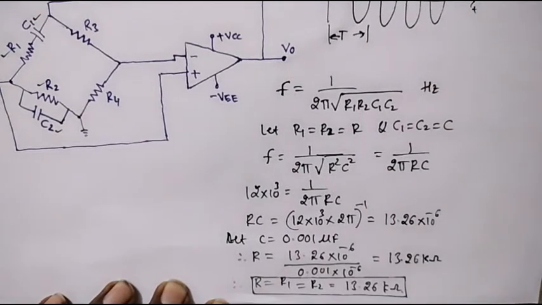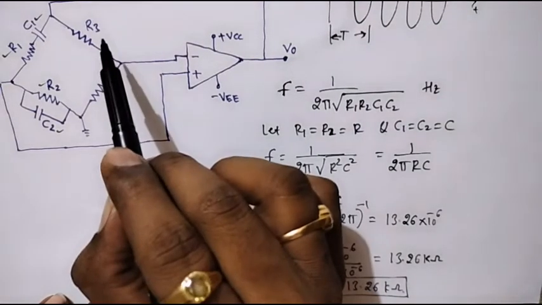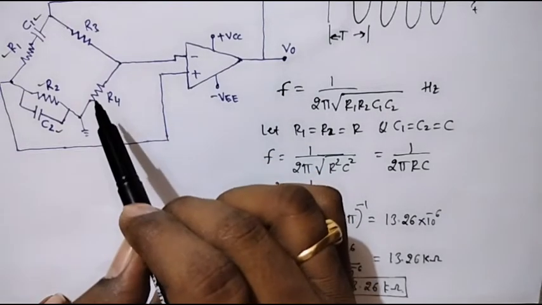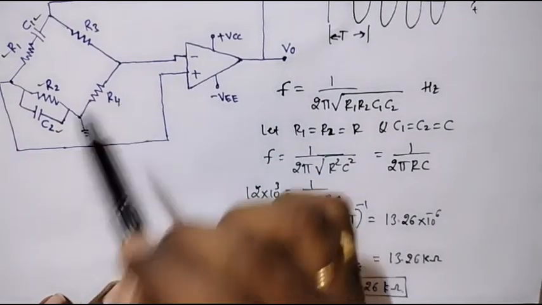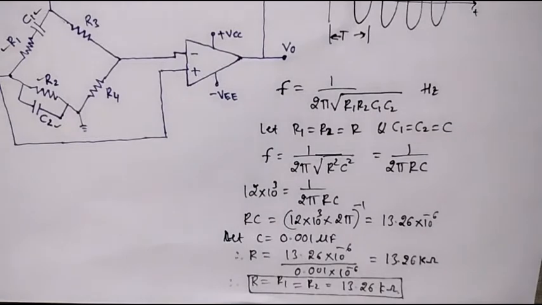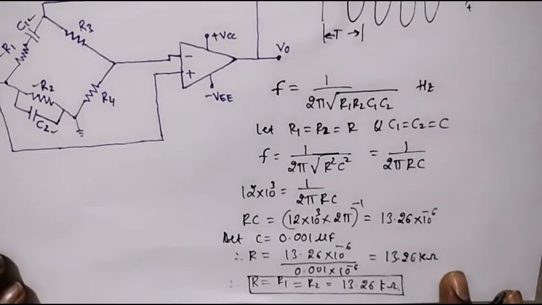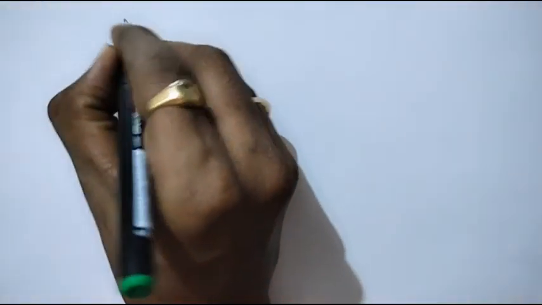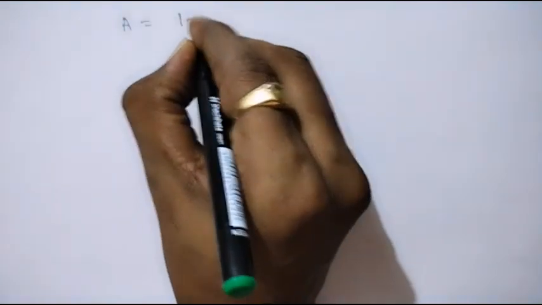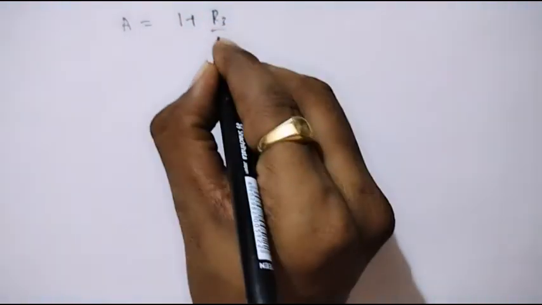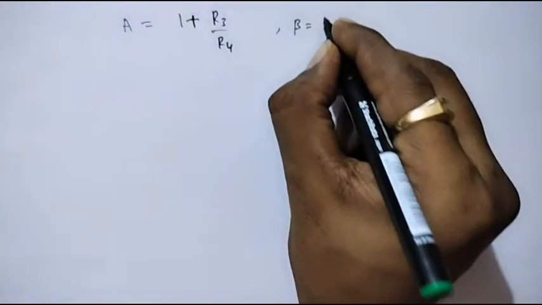Now the remaining components are resistor R3 and resistor R4. We are supposed to find the value of resistor R3 and resistor R4. We know that the gain of Wien-Bridge oscillator, that is A, is equal to 1 plus R3 by R4, and we know that the beta value for Wien-Bridge oscillator is 1 by 3.